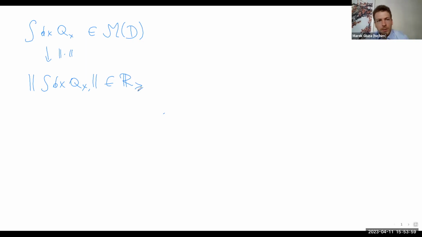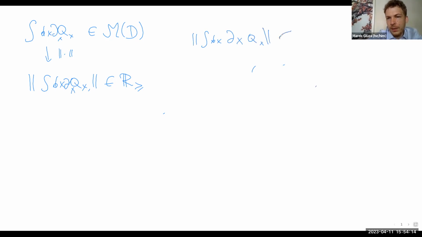And then the question is, what happens with those summations? And why is it okay? So actually here dx, but in general, it would be some matrix function that we consider. And why is this giving us pretty good bounds here if we integrate dx and then dx qx?